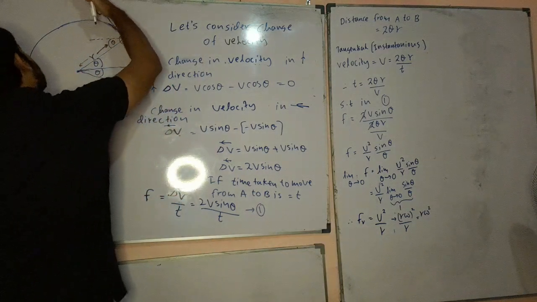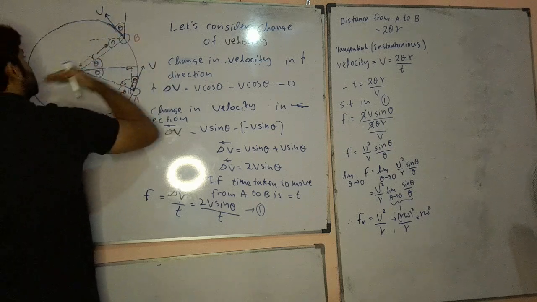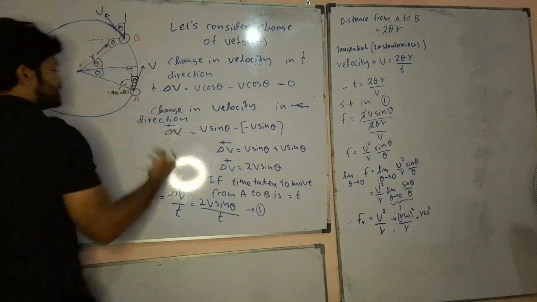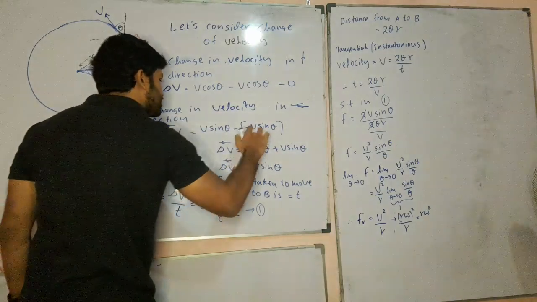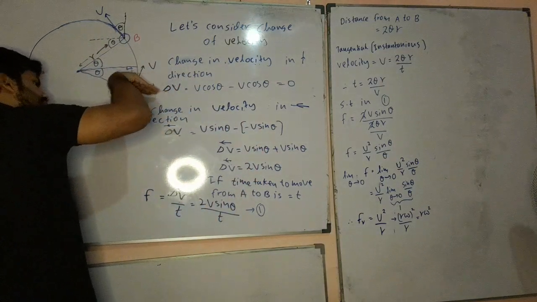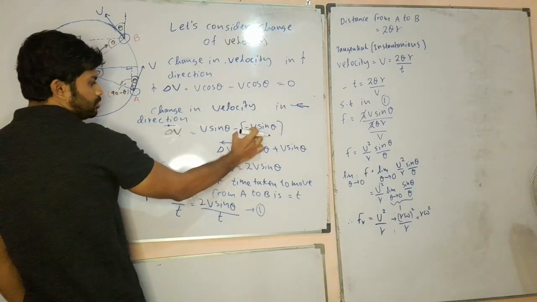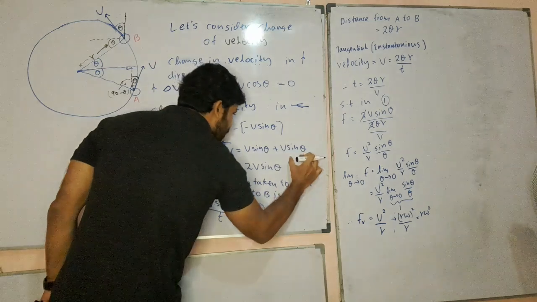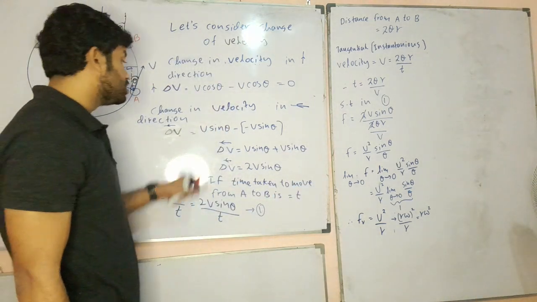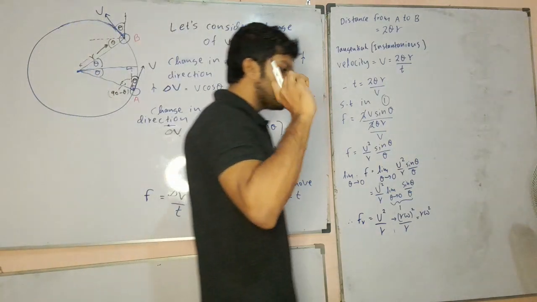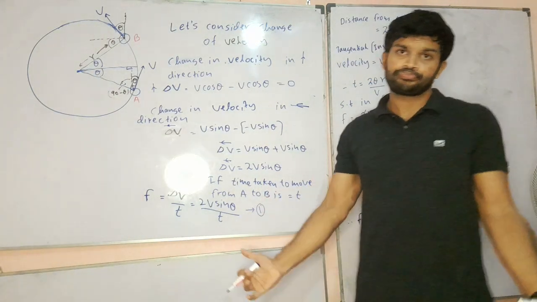This one's horizontal component is headed towards that direction, left side, V sine theta, right? This one is opposite directed, minus V sine theta, right? So all together, minus times minus gives plus. Now when you add these two, it automatically becomes what? 2V sine theta, right? Okay, now there is a change in velocity.